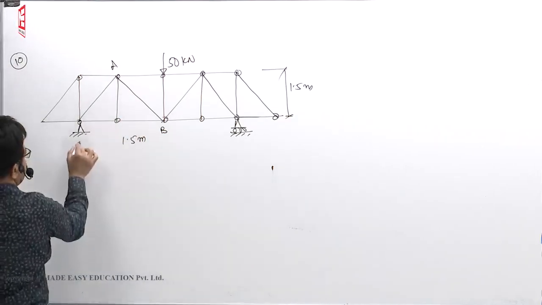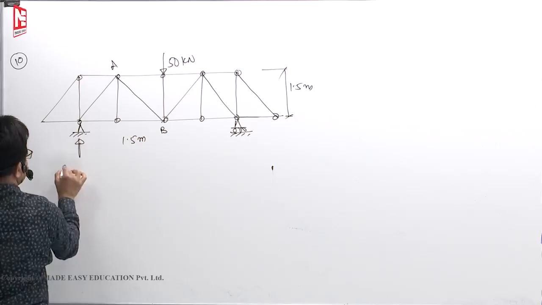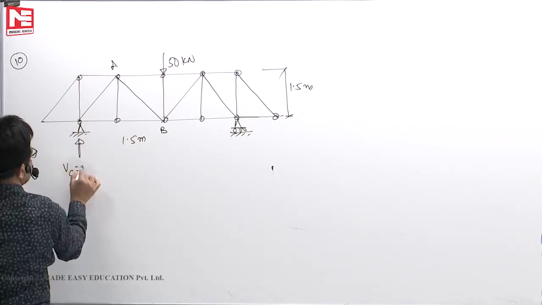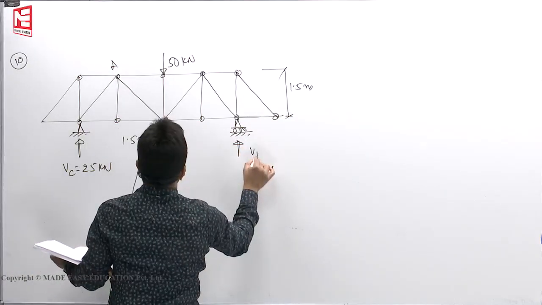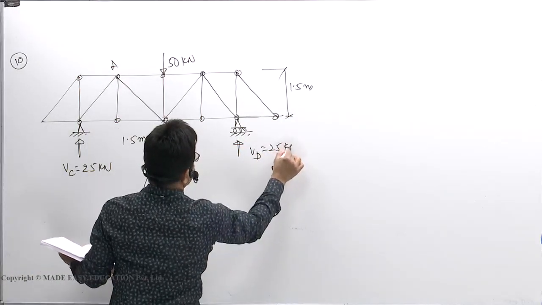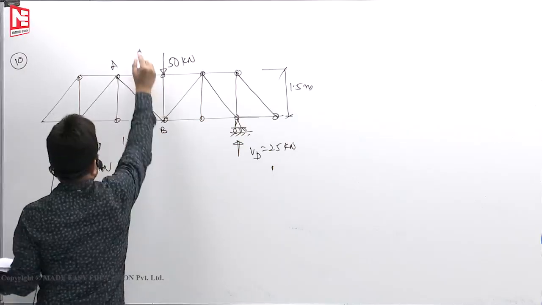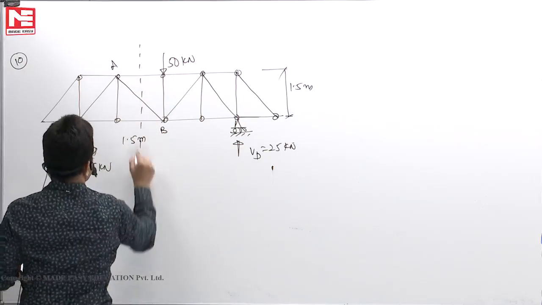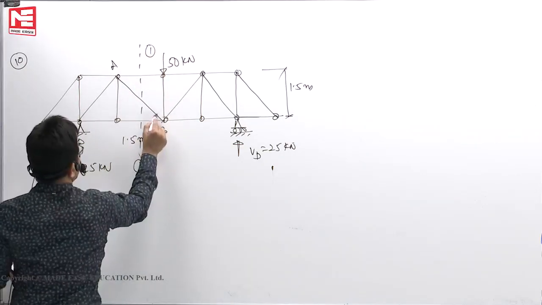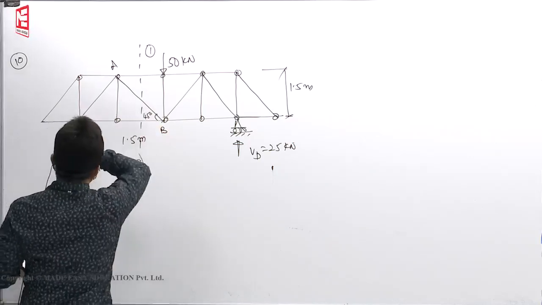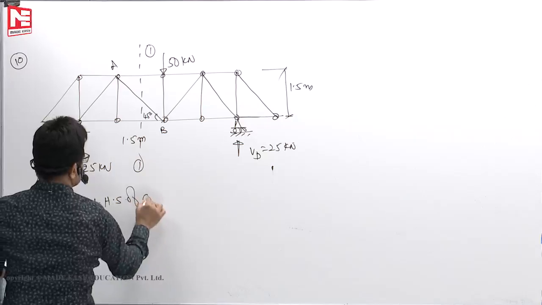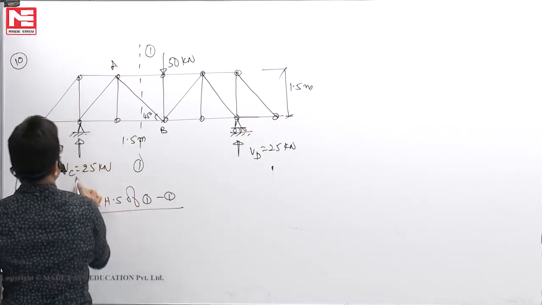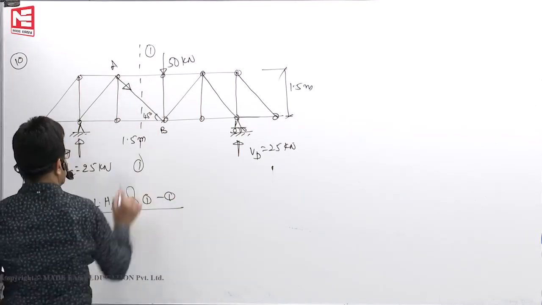So because of symmetry, the reaction VC, with load 50, is 25. VD also 25. Now he wanted the force in member AB. Cut it by section 1. Angle is 45 degrees. Looking at the LHS of section 1, this is upward, so the arrow mark should be downward.